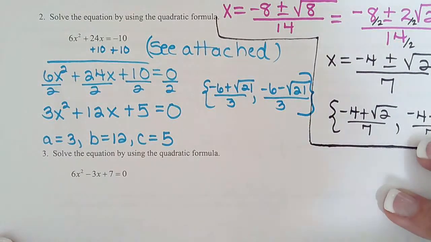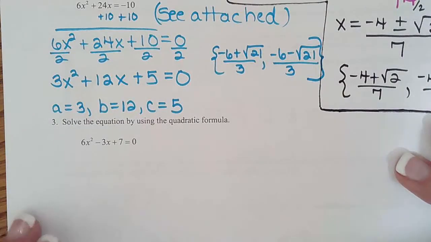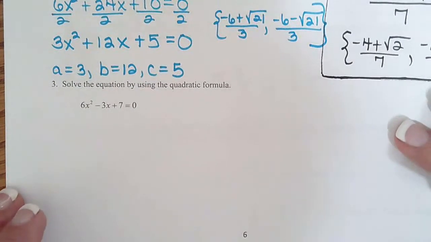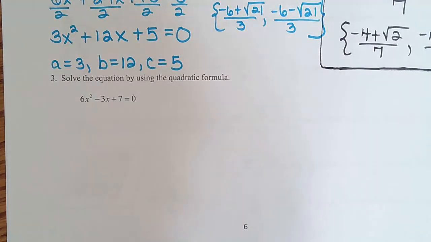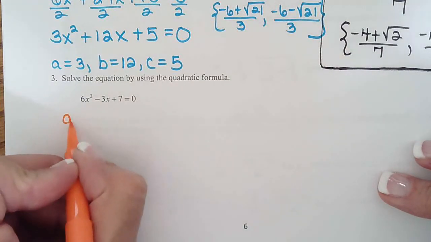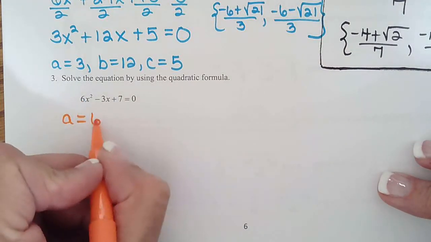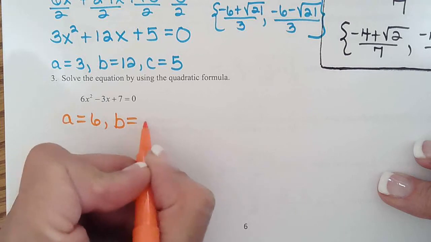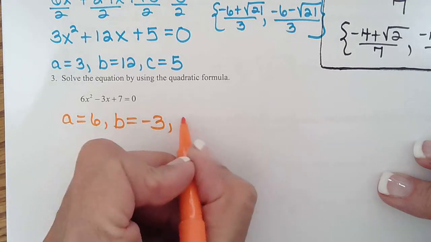Okay, so we're ready for the last one on that page. Nice thing is, look at it, already set equal to 0. Woohoo! So let's go ahead and start. When it's set equal to 0, then you can jump right into your A, B, and C. A is 6, B is -3, C is 7.